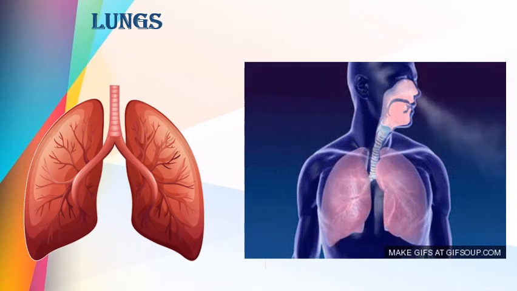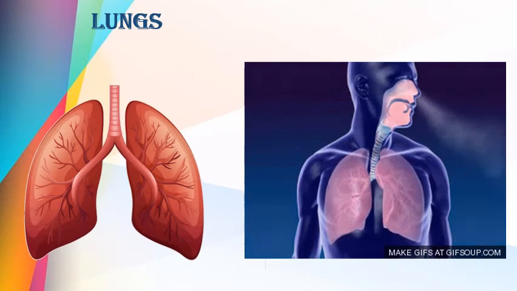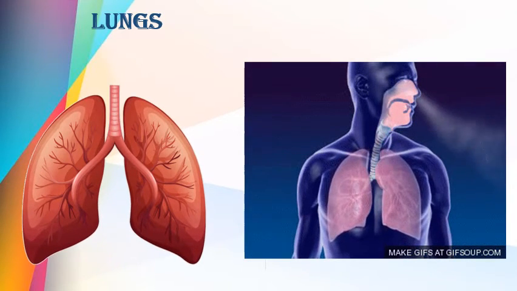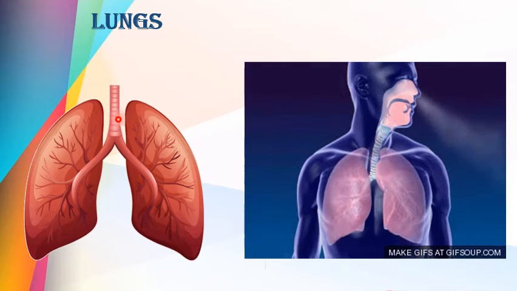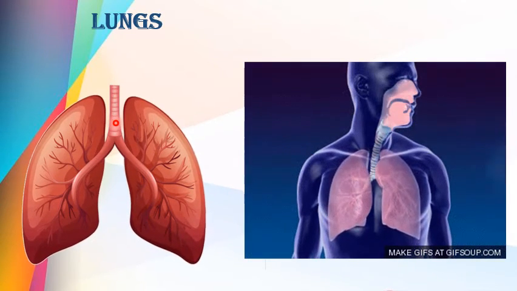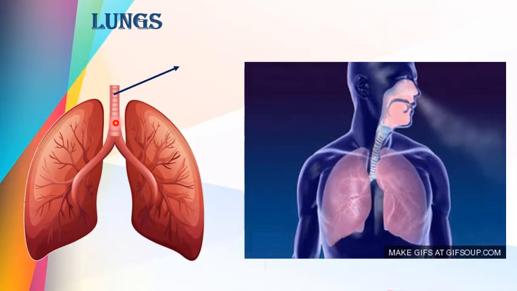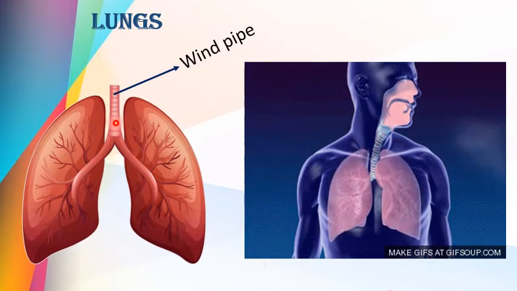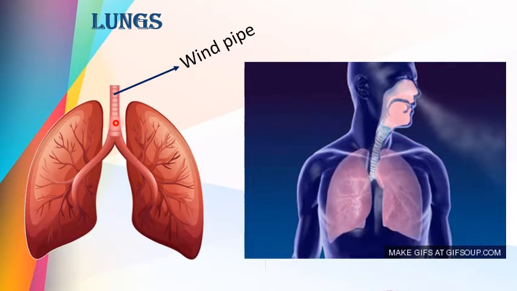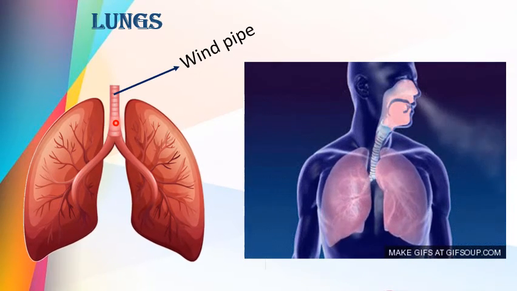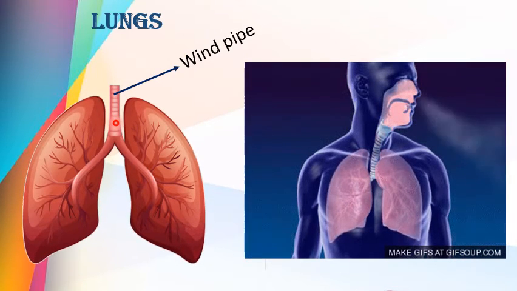We have two lungs, right? A pipe-like internal organ, you can see here, carries the air we breathe in into the lungs. It is called a windpipe. That pipe is called a windpipe because it carries air.